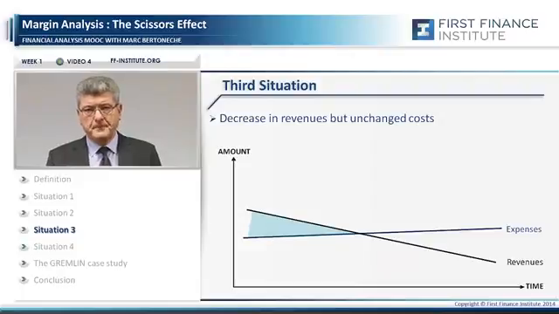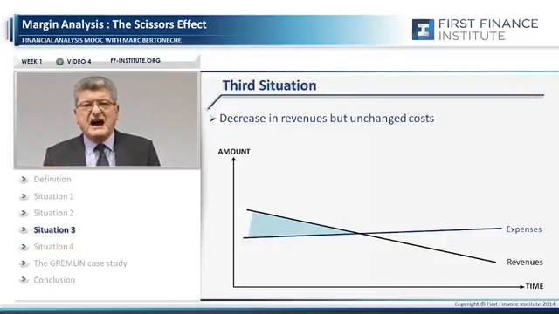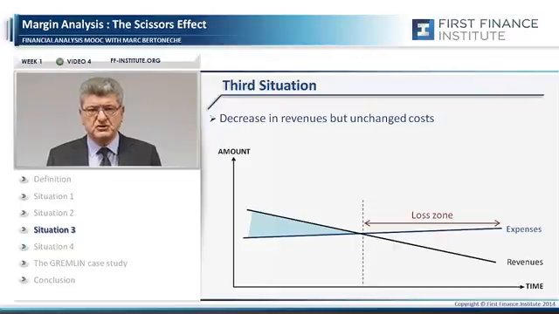Situation 3: declining revenues while costs remain constant or decrease at a much lower rate. Examples are numerous in some mature companies facing increased competition from emerging markets. The need for restructuring appears very quickly as crucial and vital for these companies.